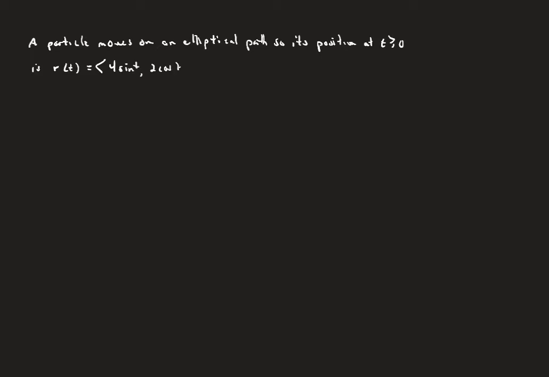So that's our position vector, which we can think of interchangeably as being like a parametric curve. So the first question I'm going to ask is to find the velocity and acceleration vectors.